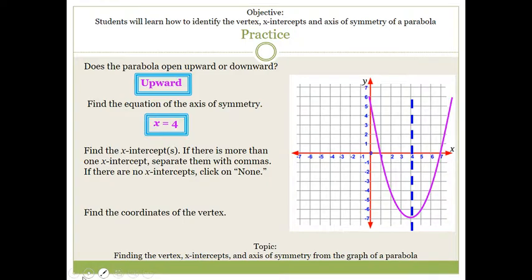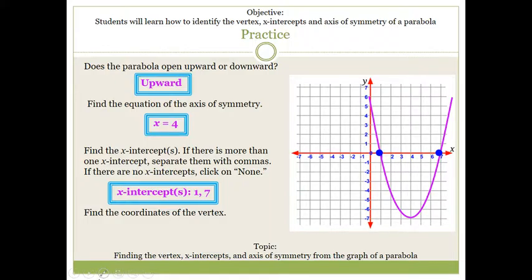There it is. So we got x is equal to 4. Find the x-intercepts. Remember, so the x-intercepts are here and here. So they are at 1 and 7 in this case.